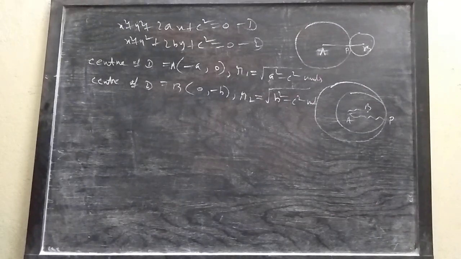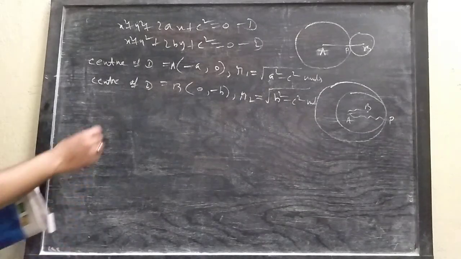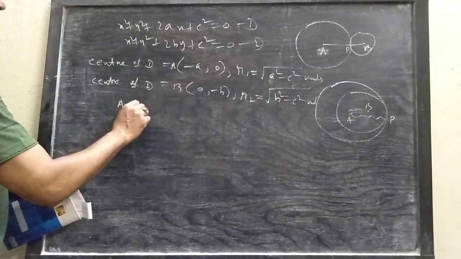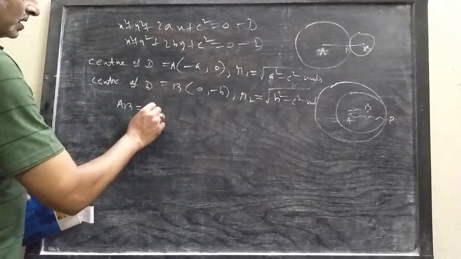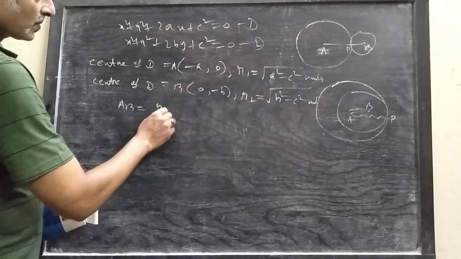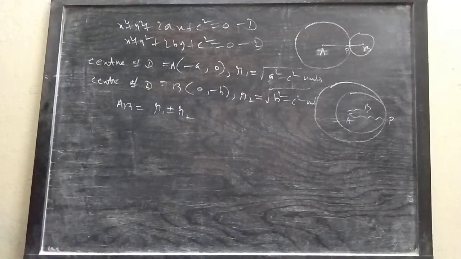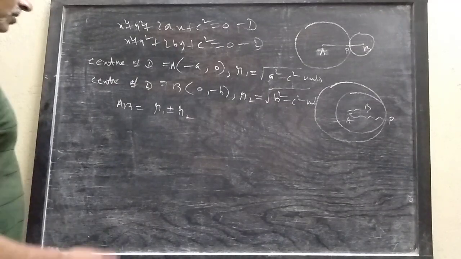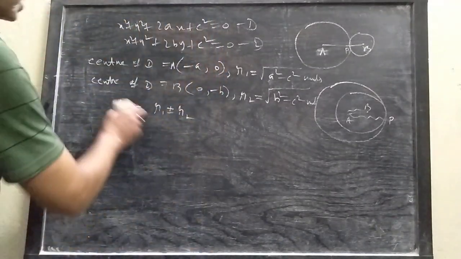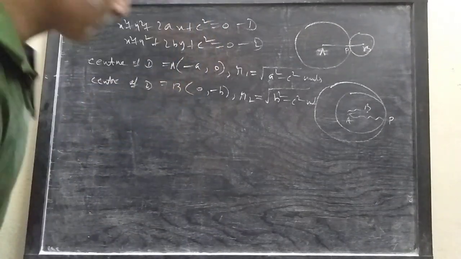So, as the circles touch each other, we can say the distance between the centers, that is AB, equals r1 plus or minus r2. r1 plus r2 when they touch externally, and r1 minus r2 otherwise. Let us write them separately.